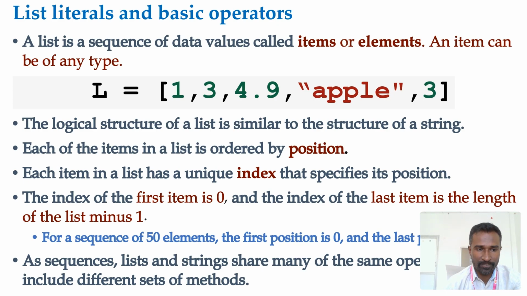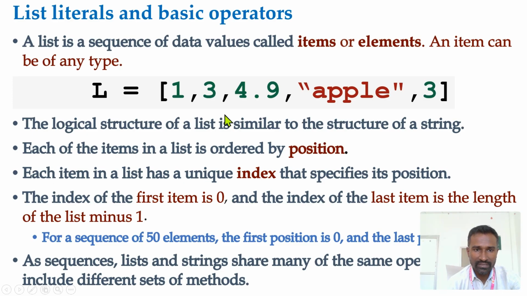For the first item of the list the index is 0, and it moves on 0, 1, 2 like that, and the last item is the overall length of the items minus 1.